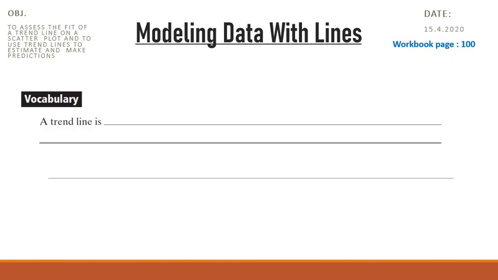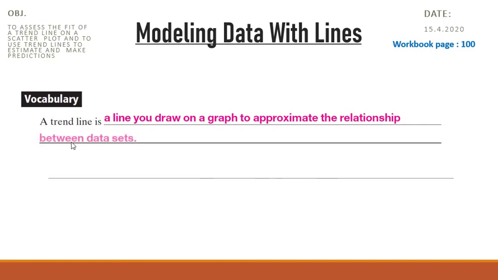The relationship between... Yeah, that's correct, but the sound is not clear. It's a line that you draw on a graph to approximate the relationship between data sets. So this is the meaning of trend line.